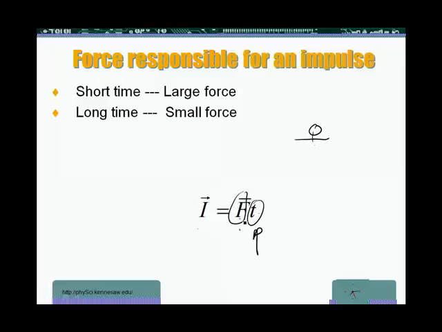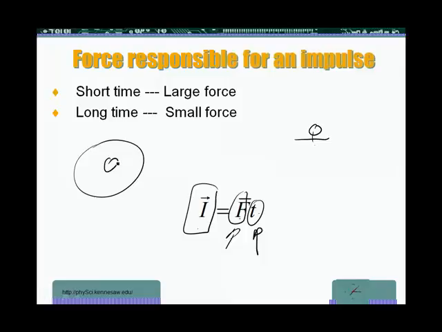Now, for examples of this, if you have a ball in your hand, its momentum is 0, and you are going to toss it. Your hand is responsible for the net force. If you apply that force for a long time, you can give it a large enough speed, and by giving it a large enough speed, you can give it a large enough momentum, so you obtain a certain impulse.